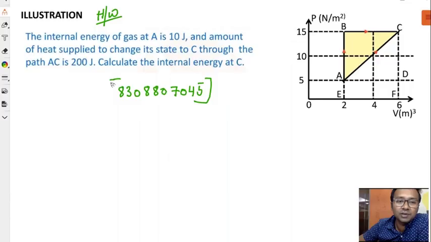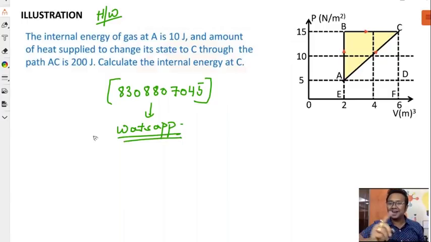This is my WhatsApp number, students. Solve this question, send it to me on WhatsApp. Let me see how well you have learned this concept. Trust me, it will give me maximum pleasure to see as many returns as possible. And then I'm going to teach you much higher tricks to solve questions in indicator diagram.